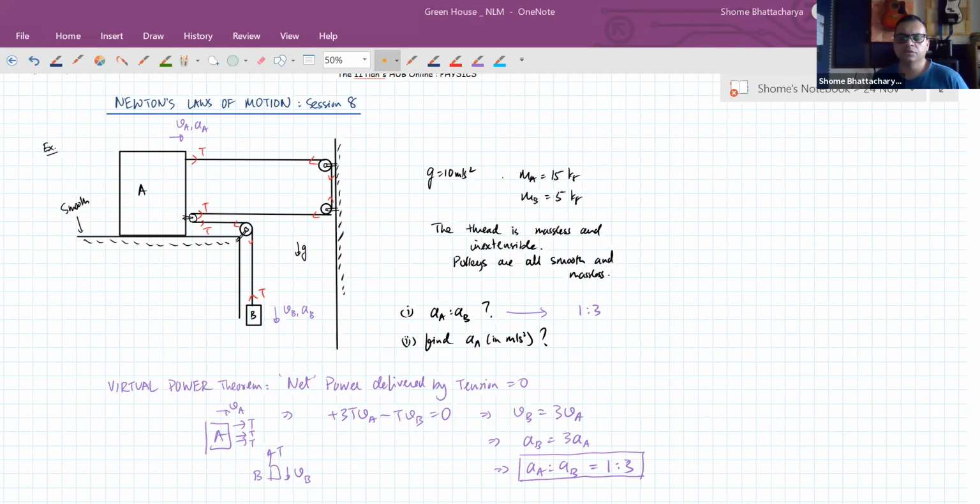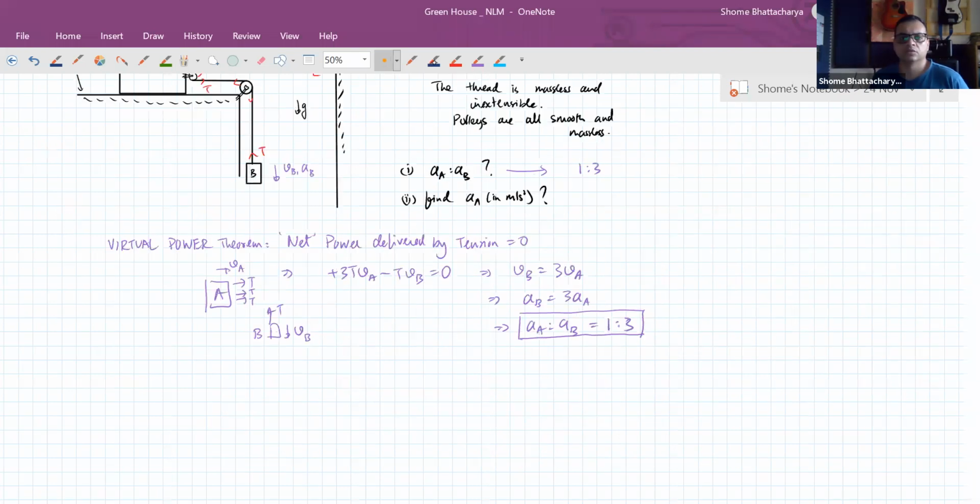Now next you come to the free body diagram equations. For the block A you can see that it will be 3T is equal to mass into acceleration, because there is no other horizontal force. The other forces are purely vertical. These two balance each other.